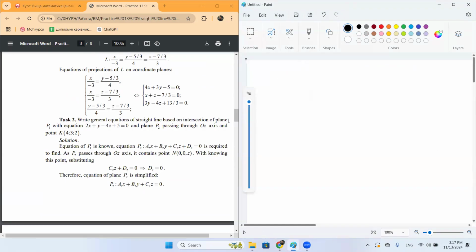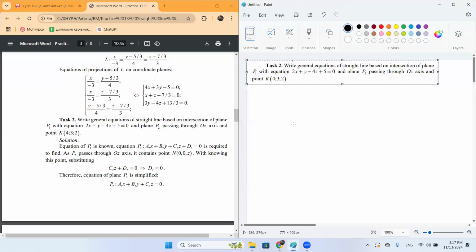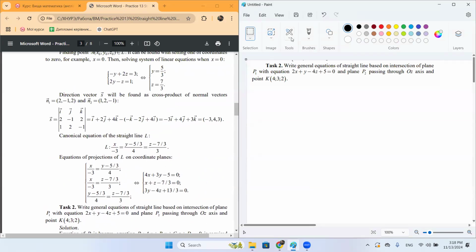The next task is to write down the equation of a straight line, based on the intersection of plane P1 with the following equation and plane P2 passing through the OZ axis and point K. So we have the equation of the first plane. We need to find the equation of the plane P2. So how to do it?